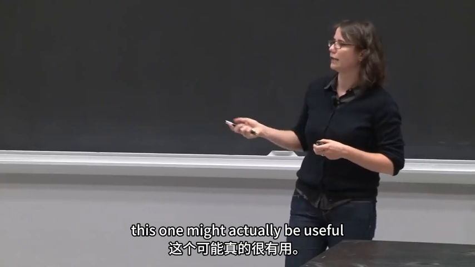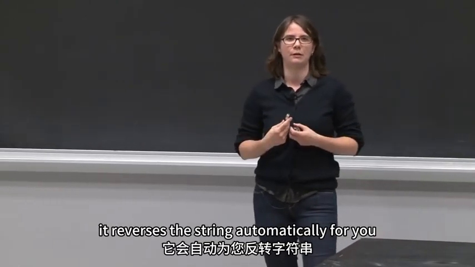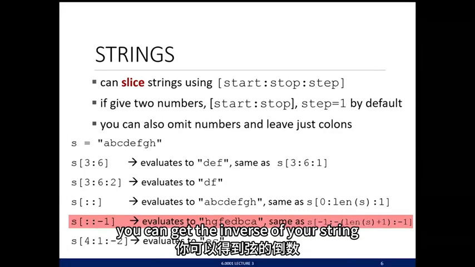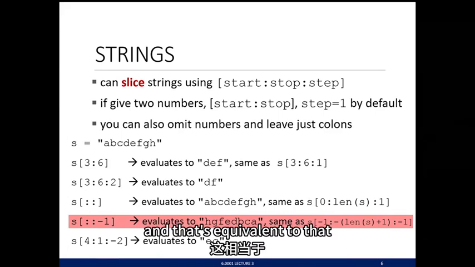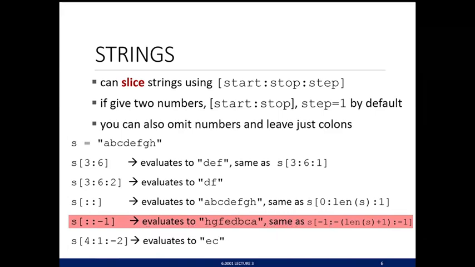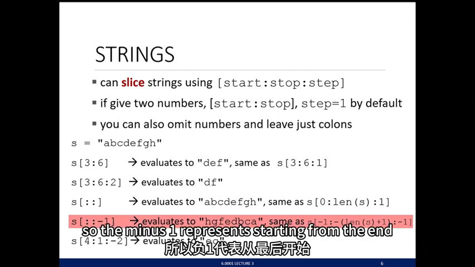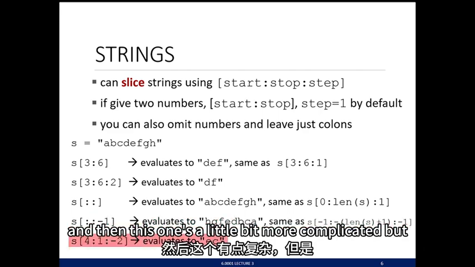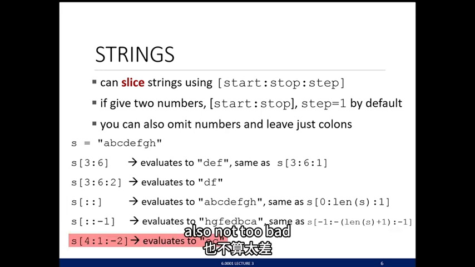This one might actually be useful. It reverses the string automatically for you. So with this one little line here, you can get the inverse of your string. And that's equivalent to that. So the -1 represents starting from the end and going back every letter. And then this one's a little bit more complicated, but also not too bad.